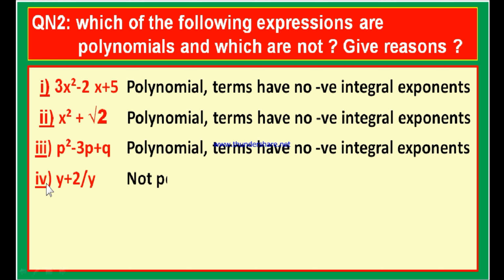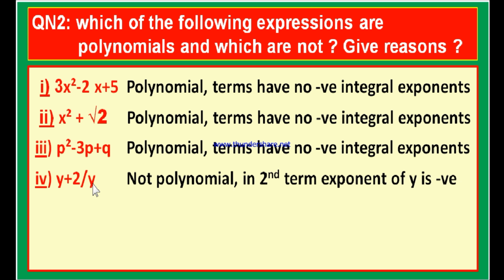Now look at the fourth bit, y plus 2 by y. If we take this y to the numerator, it may become 2 into y power minus 1, isn't it? Y plus 2 by y is nothing but y plus 2 into y power minus 1. You can find two terms in this expression.